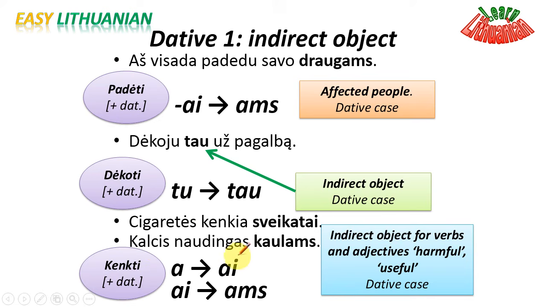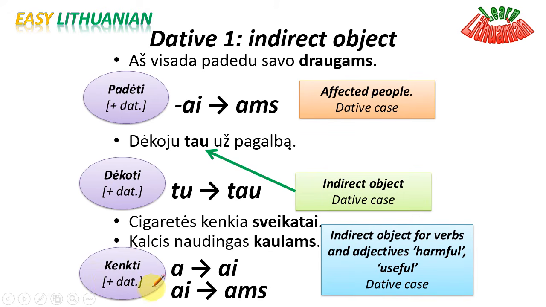And kalcis naudingas kaulams. Calcium is useful for the bones. Well, it literally means useful, but it could be translated differently in English. It means it's good for your bones, something like this. So you should know that with certain adjectives we have to use the dative case. And kenkti, the verb to harm, kenkia, is always used with dative case.